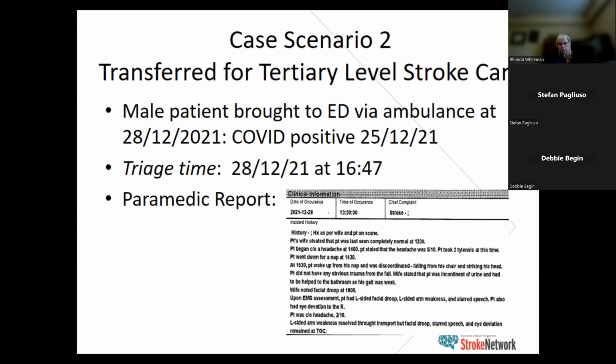According to the EMS report, the patient was last seen normal at 13:30, reported that he experienced a headache at 1400, took a nap at 14:30, awoke 1 hour later at 15:30, and then fell from a chair and struck his head, sustaining no injury. The wife noted a facial droop at 1600, and some symptoms were improved or resolved at the time of this report.